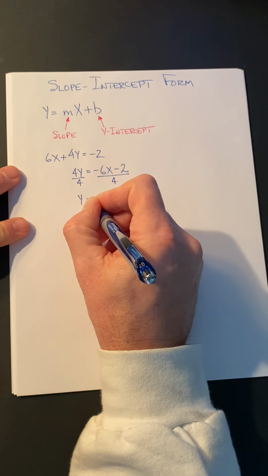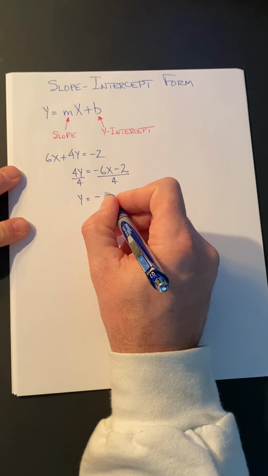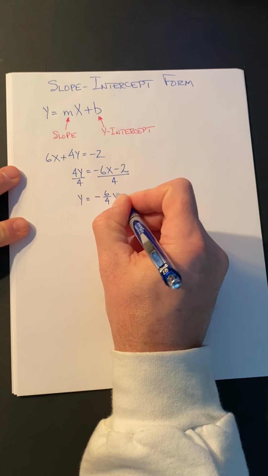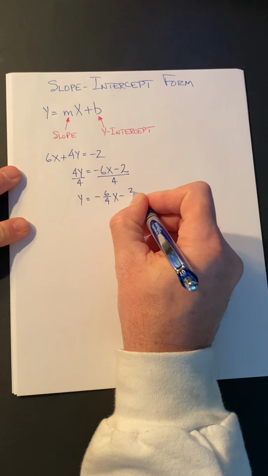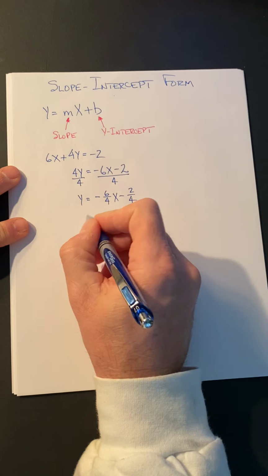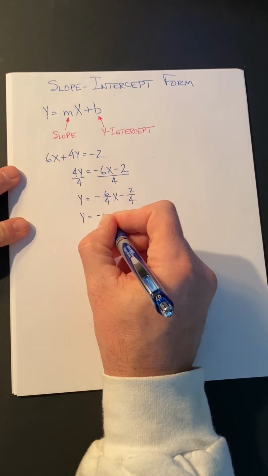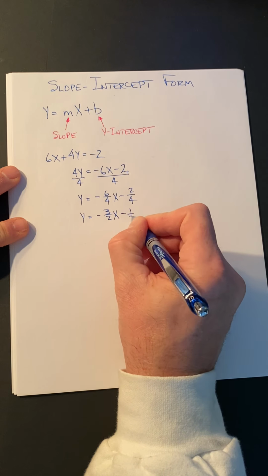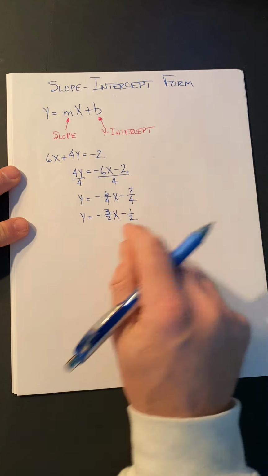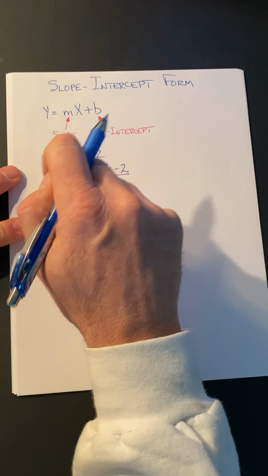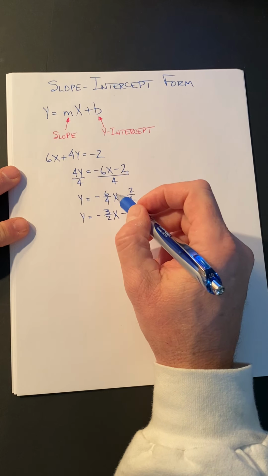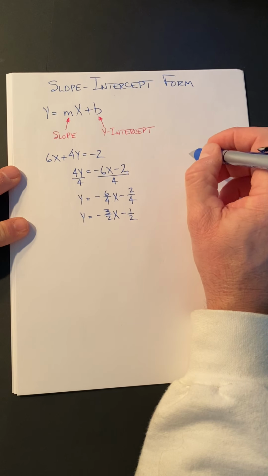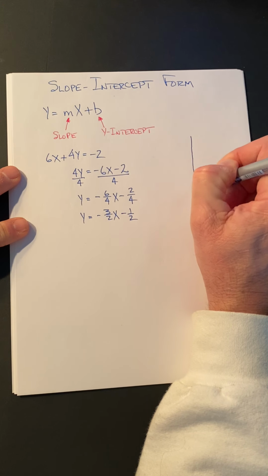So that gives me y is equal to minus 6/4 x minus 2/4. And of course, we always simplify. So that's minus 3/2 x minus 1/2, okay? I can graph this line without knowing any other coordinates, and let's see how I can do that.